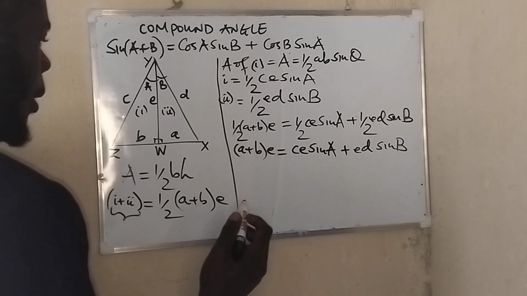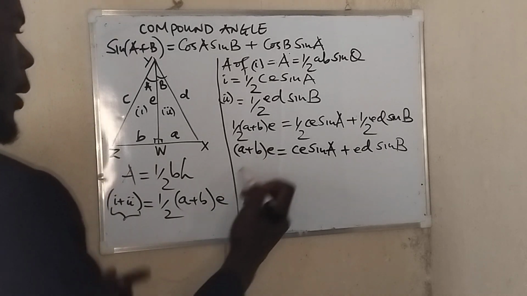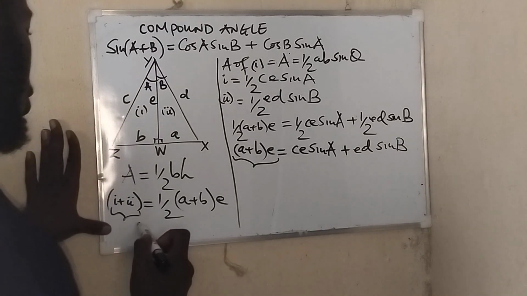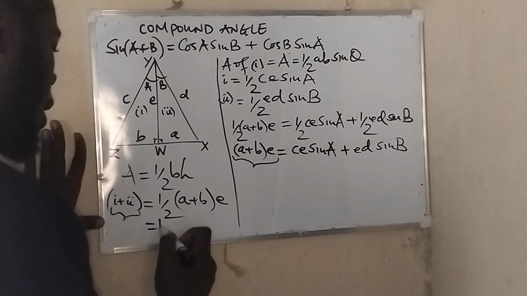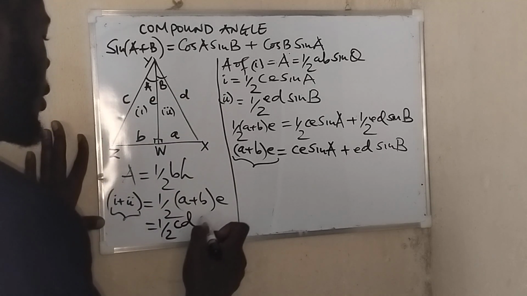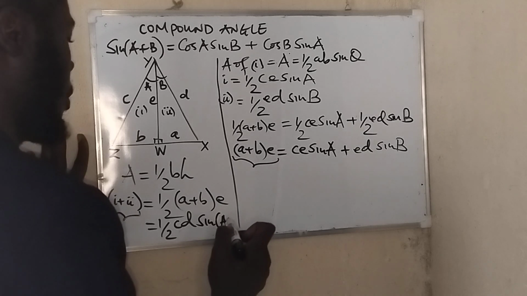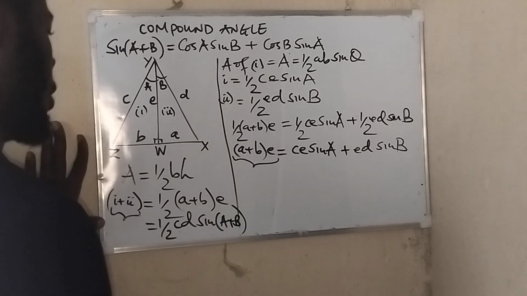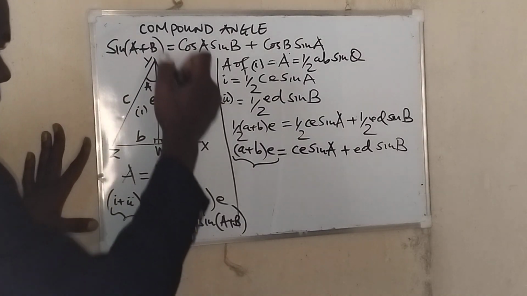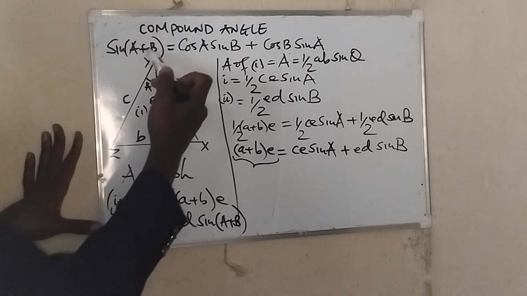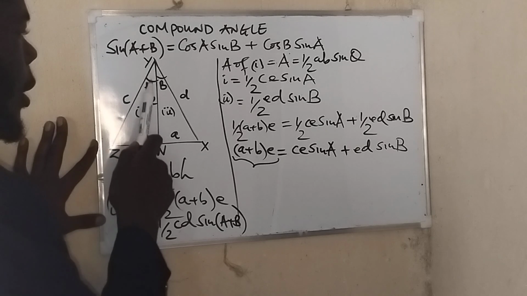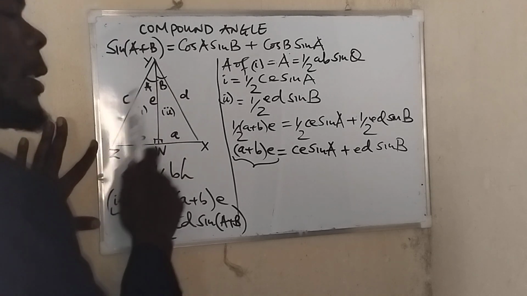So this part also can be given by half AB, which is CD, then you have the sine of A plus B. Because you know the total area also you can get using half AB sin theta, where the angle here is A plus B, then you have the side CD.